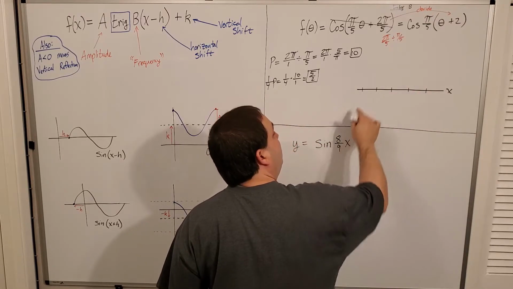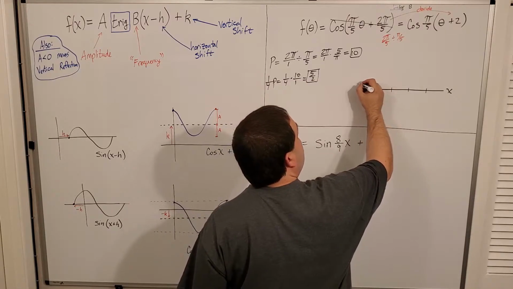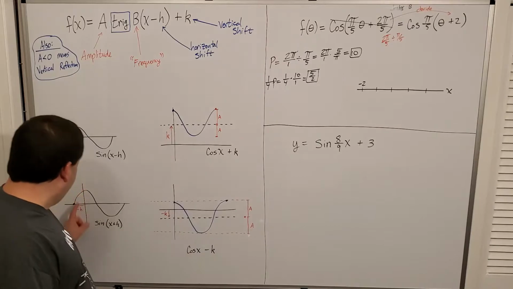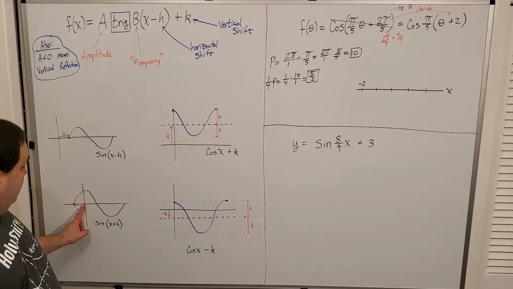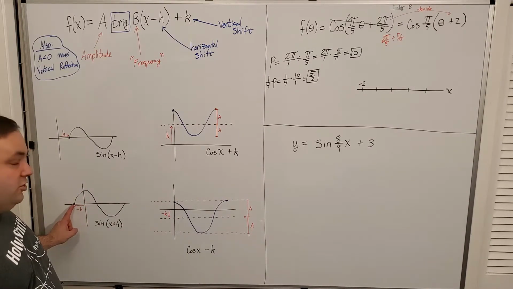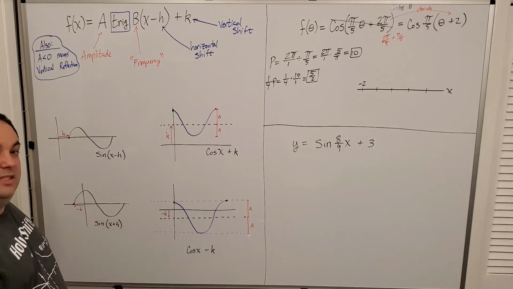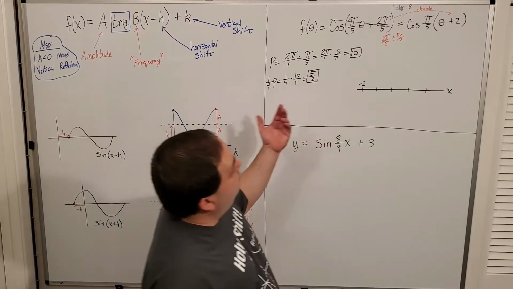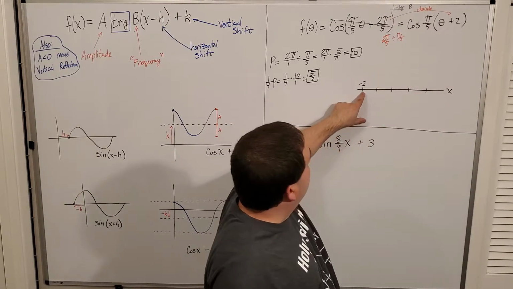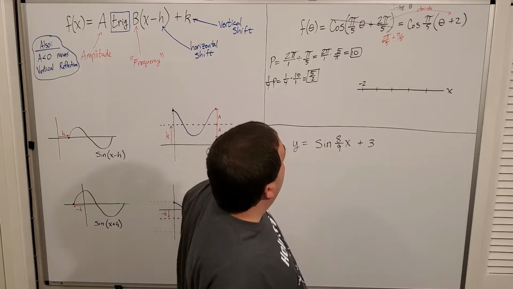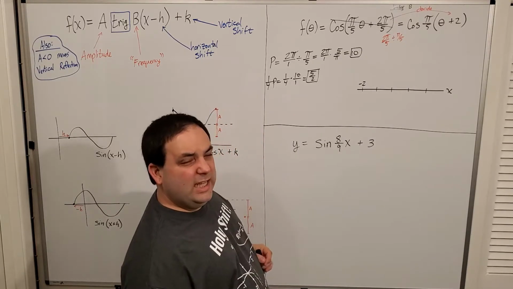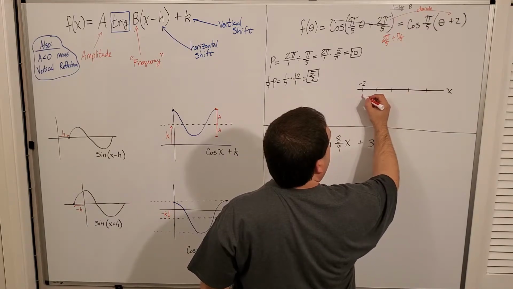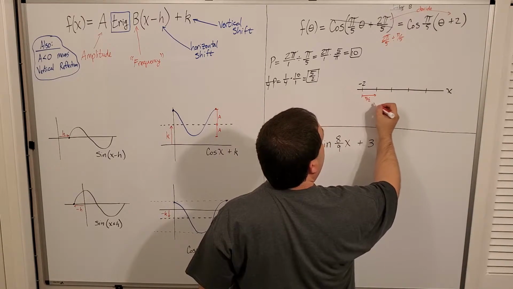Okay? The first mark here is -2. Remember what I said. Wherever the shift is, right? Normally it would have been at 0. It's been shifted to whatever that number is because it's plus h. So in this case, -2 because it was moved to the left. Okay, well that causes a little bit of an issue because remember, the distance from here to here is 5 over 2.